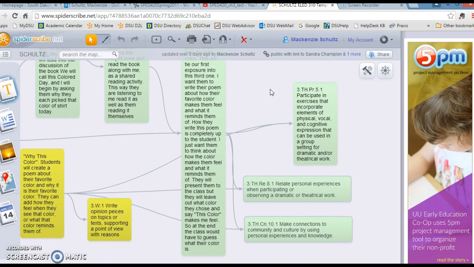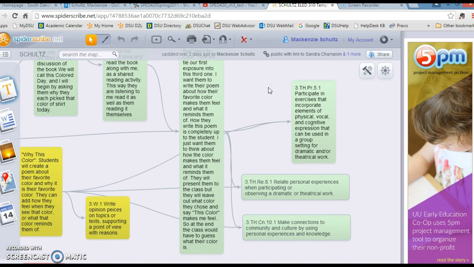Here I have a couple of theater standards: relating personal experiences when participating in dramatic or thematic work, making connections with the community and culture outside, and participating in activities or exercises that incorporate physical, vocal, and cognitive expression.